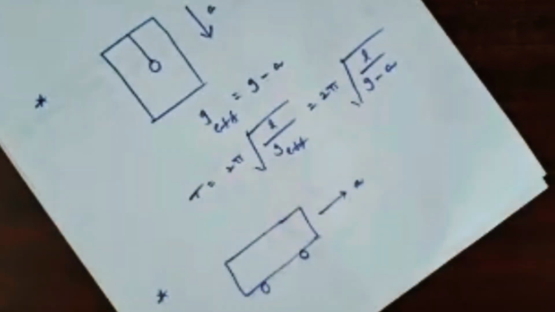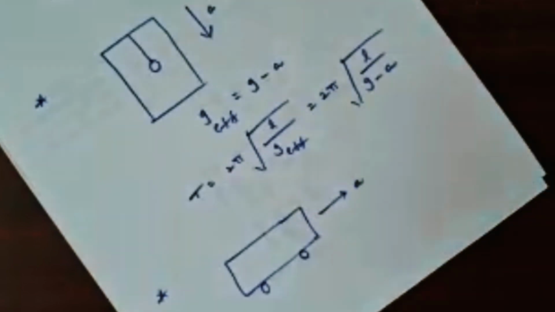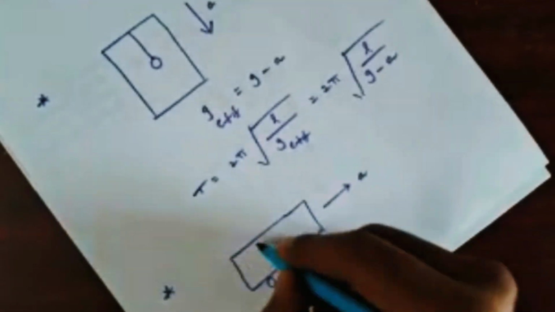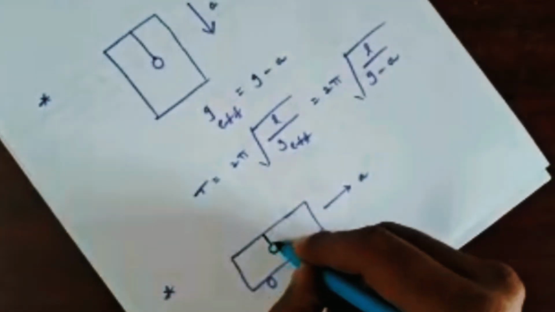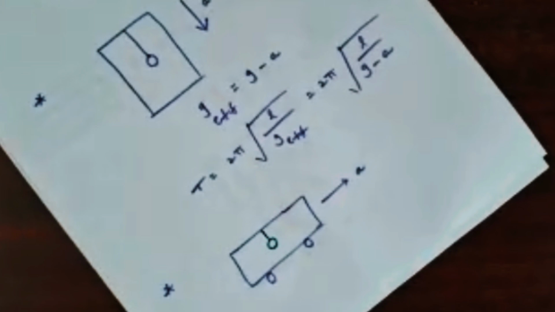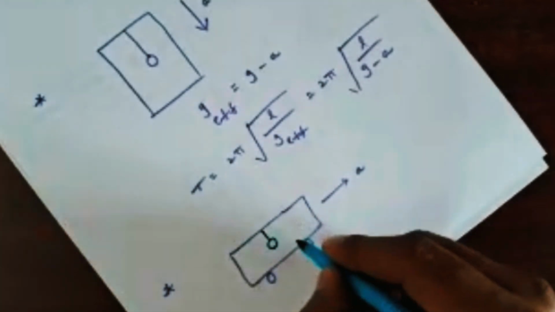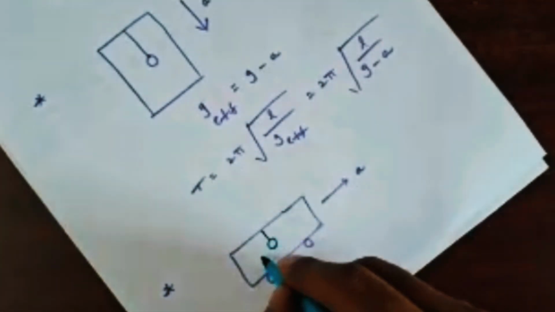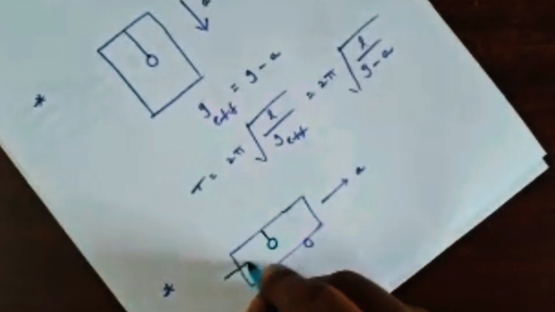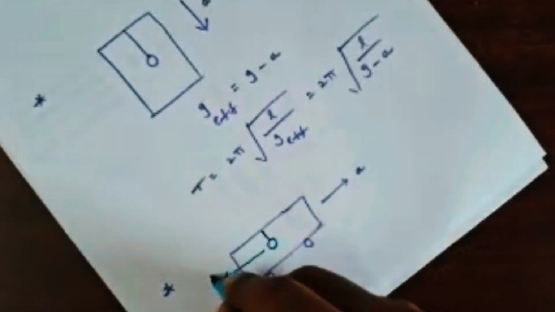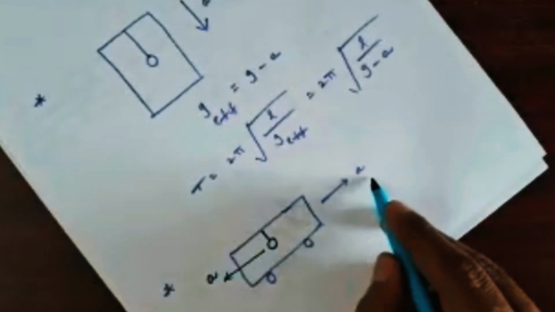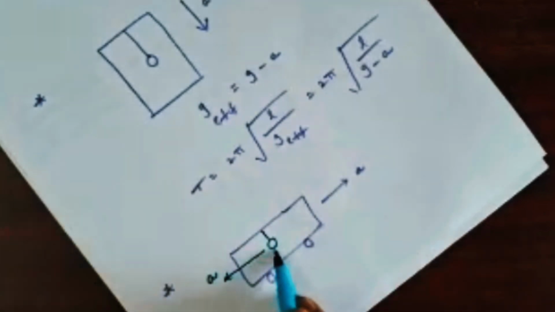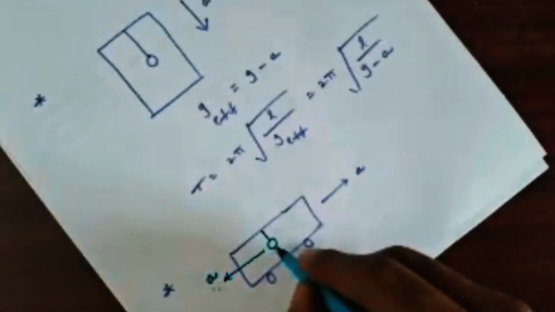One pendulum is fixed like this. On this pendulum, one pseudo force can act in this direction. Due to that, if the vehicle is moving with a acceleration, this bob is moving in the opposite direction, with the same acceleration.